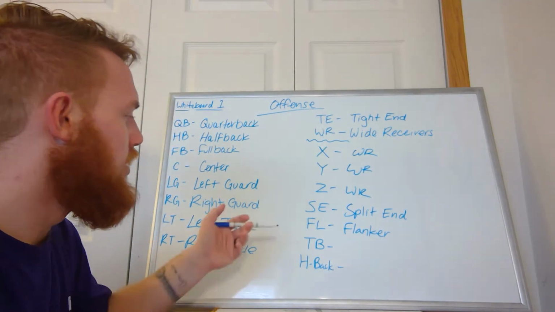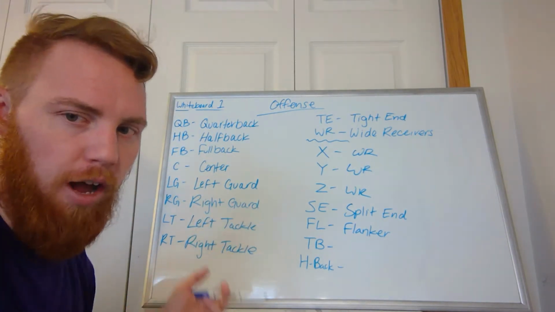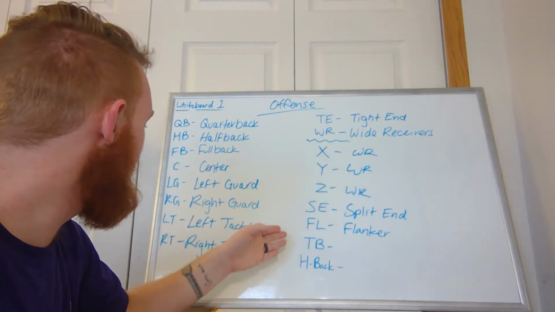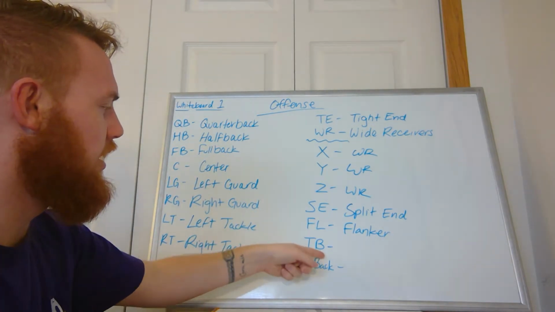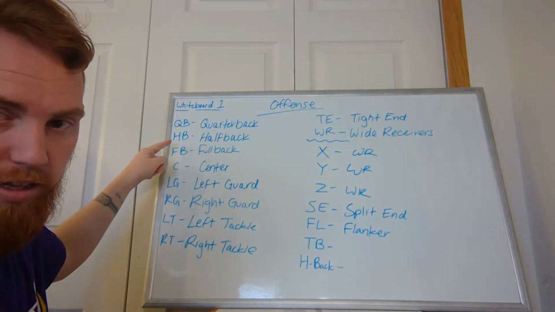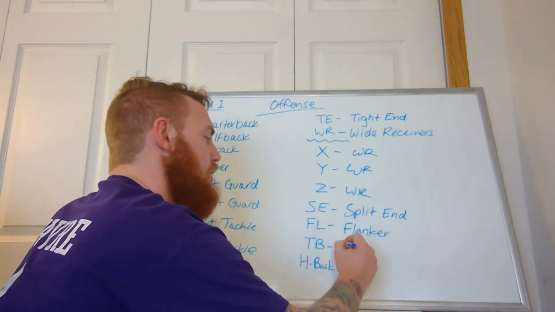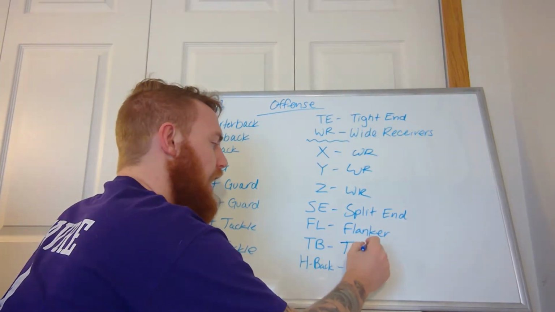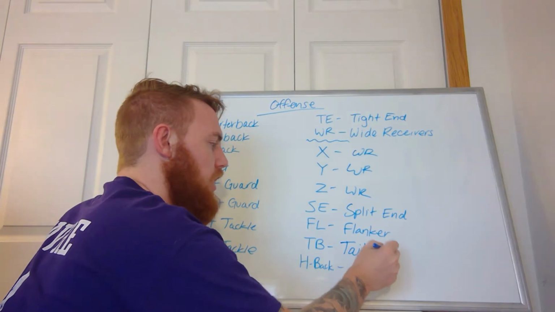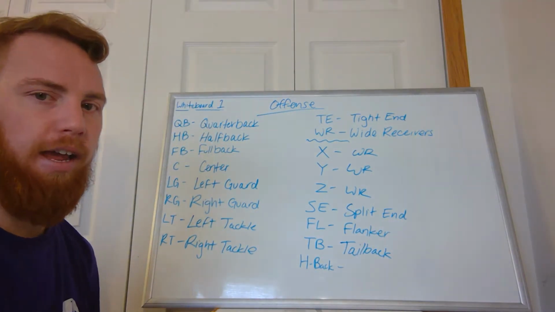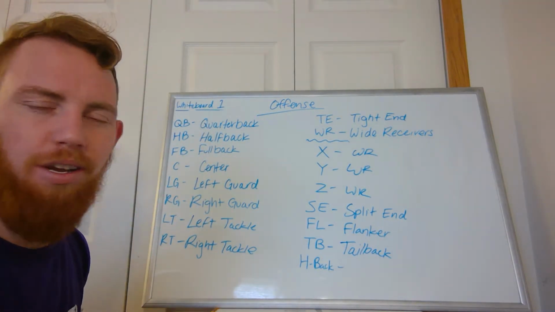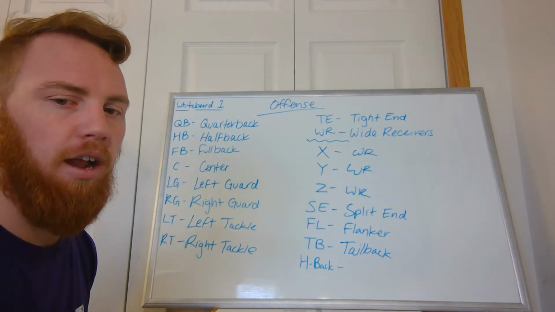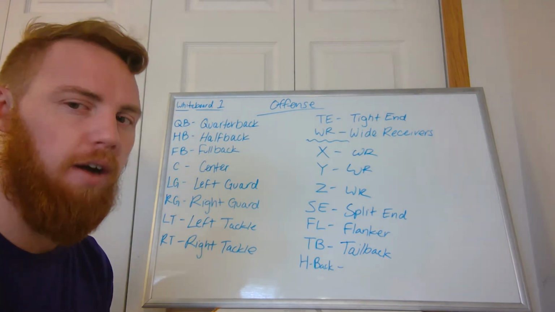Then we go to TB. And no, not tuberculosis. TB is the tailback. The tailback would normally be in a play if there's 3 running backs, which doesn't happen very often unless you're in a very run-oriented offense.